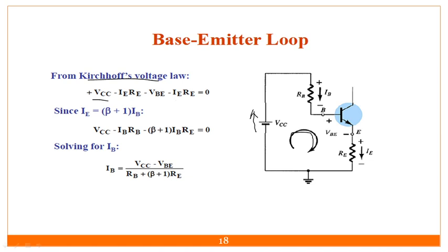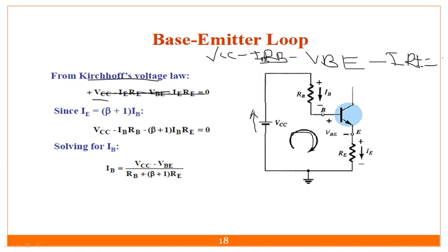So that is VCC minus IB RB minus VBE minus IE RE is equal to 0.